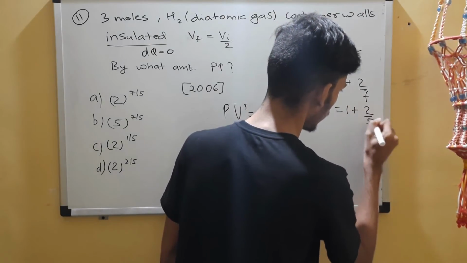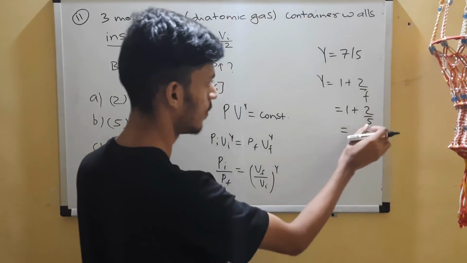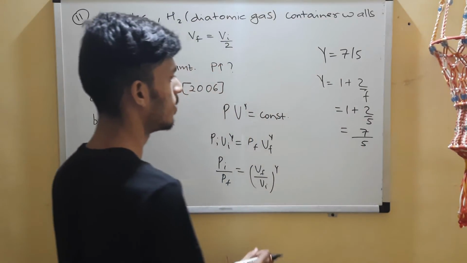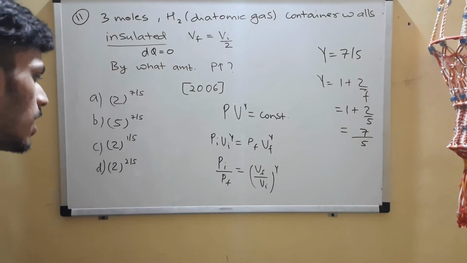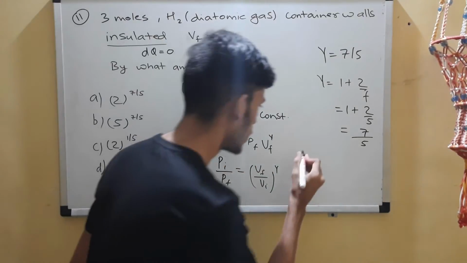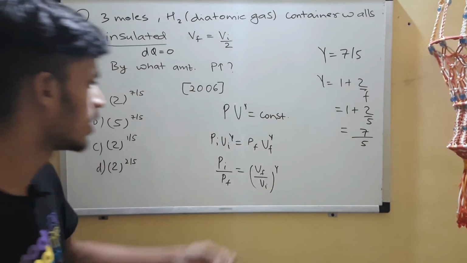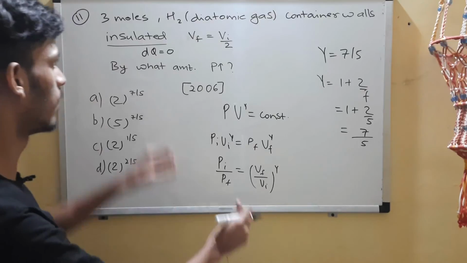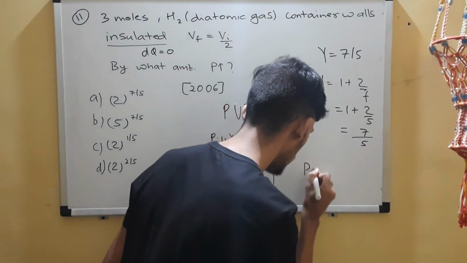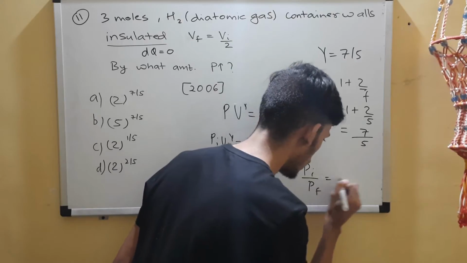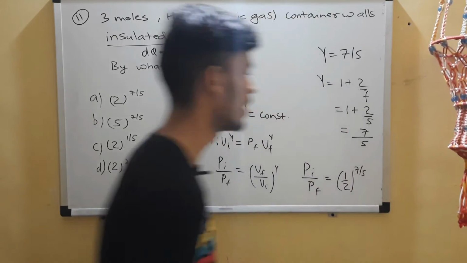So that will give you 5 plus 2 divided by 5, which is 7 by 5. So let's substitute everything over here now. V final is half of V initial, so V final by V initial will be half. So P initial by P final equals half raised to power 7 by 5.